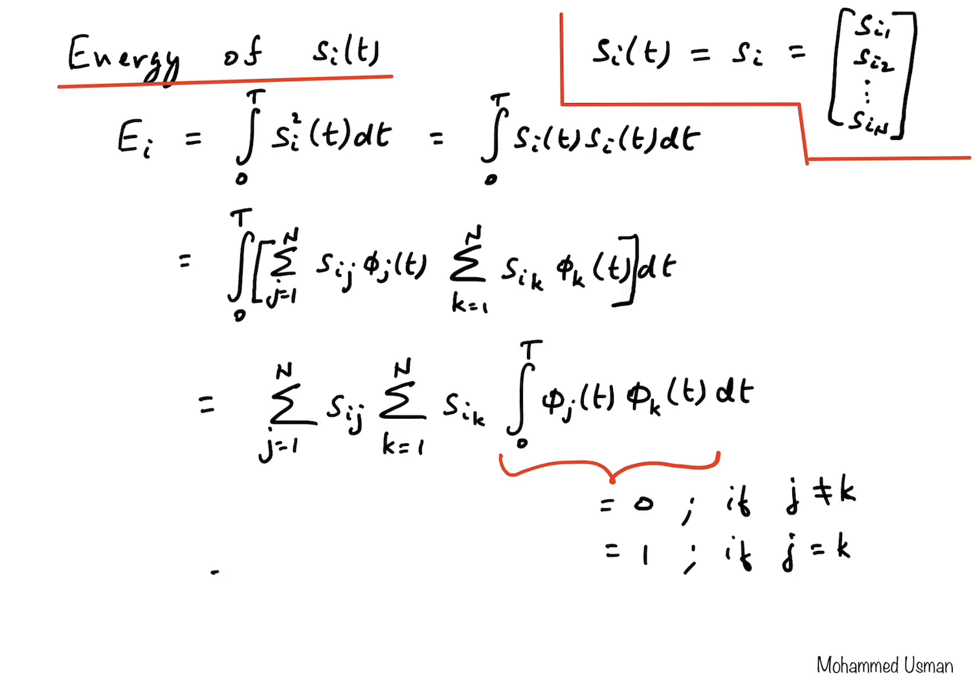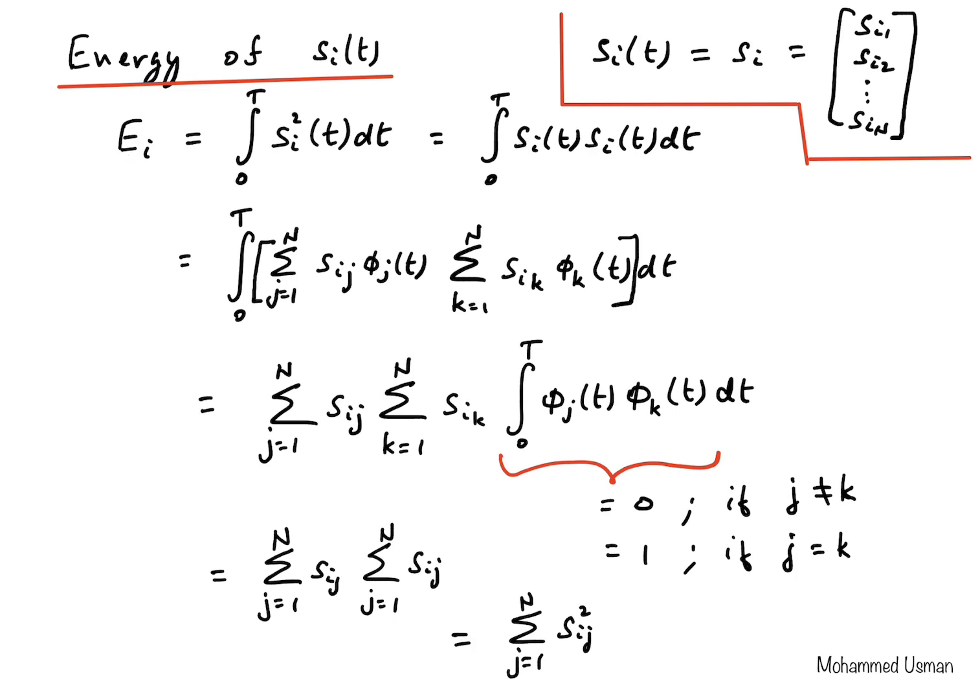So that will become summation j equal to 1 to n Sij into summation again j equal to 1 to n Sij. So that will simply become summation j equals 1 to n Sij square.